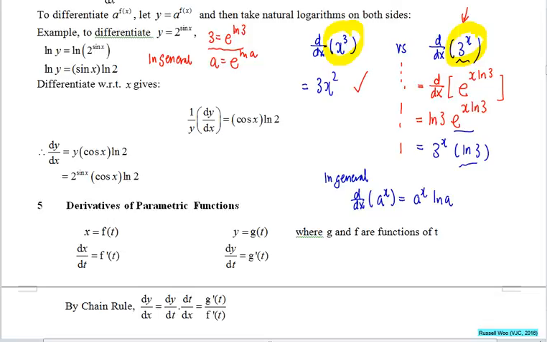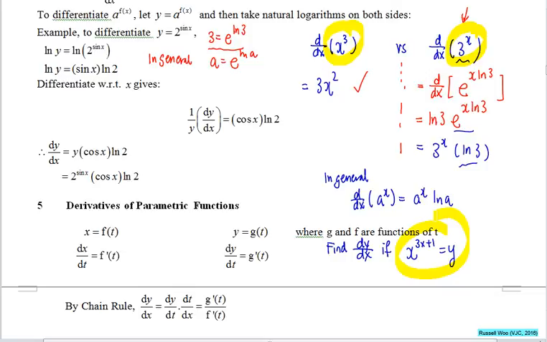What if I give you an additional question and say, find dy/dx if y equals x to the power of 3x plus 1. Now you have an expression where the base is a variable, and the power is also a variable. Then which one do you use? You have a problem, right?